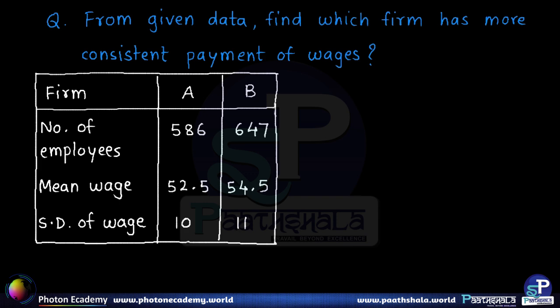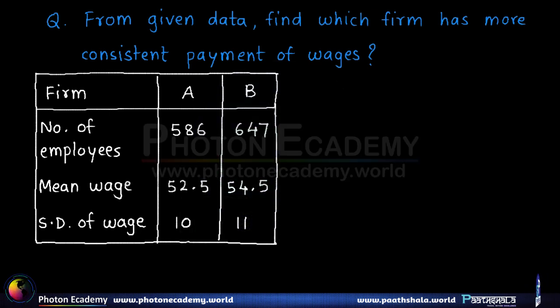Now if you observe, both the companies have different number of employees, then their mean salary or mean wage, they also have different values, and similarly the standard deviation is also different. So how do you know which company is better in terms of consistency in the payment? So this is where the CV comes to use.